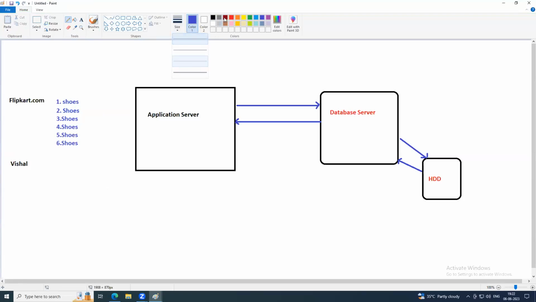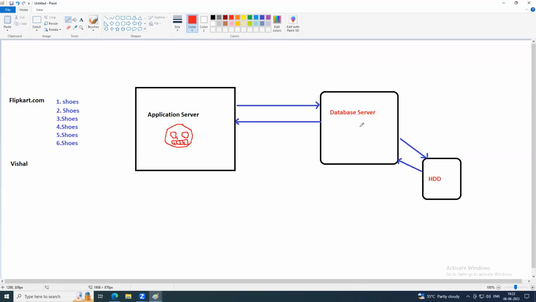If the application server had a face, can you tell me what face the application server would put on? Yes or no? Why is he asking for the same data again and again? The application server itself is putting on that kind of feeling.